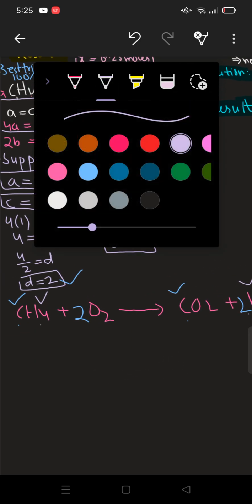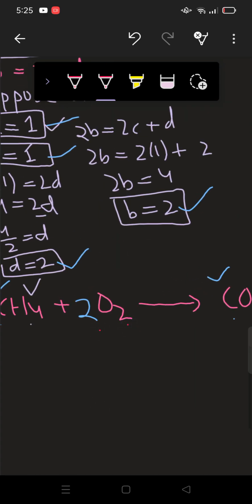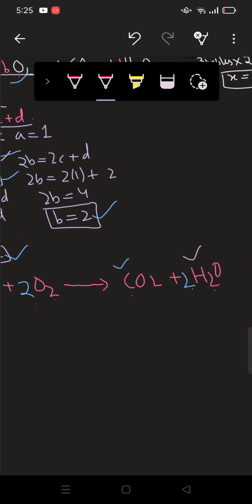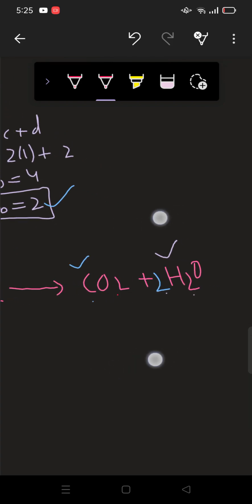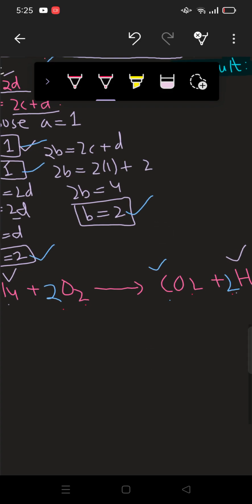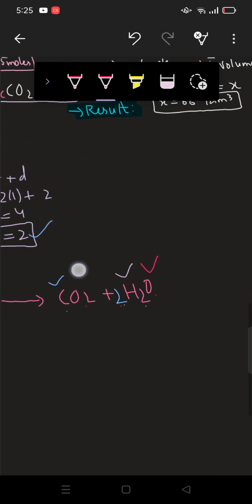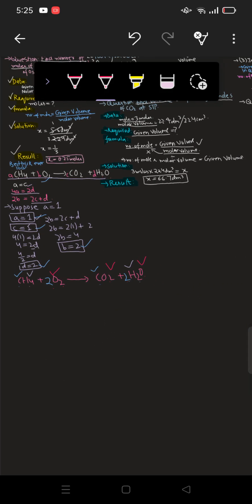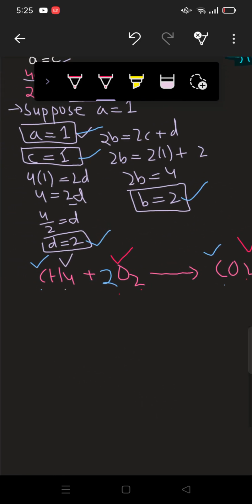Now let's take the example of oxygen, right? So oxygen 2 2s are 4. On the reactant side we have oxygen 2, 2 here and 2 here, means 2 plus 2 is 4. 4 on the reactant side, 4 on the product side, means oxygen is balanced as well. Now this equation is thus called a balanced equation.